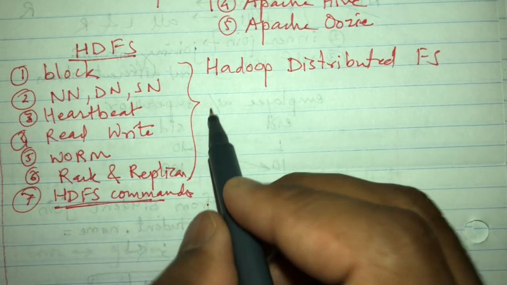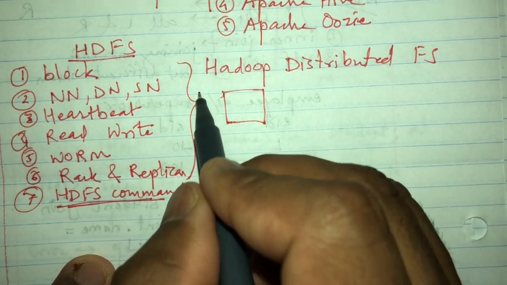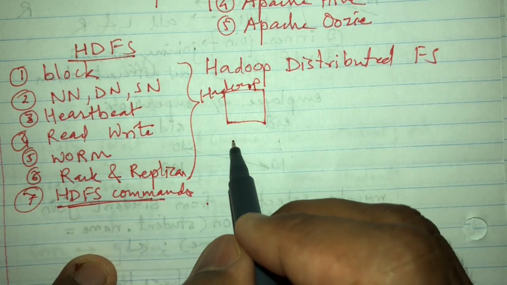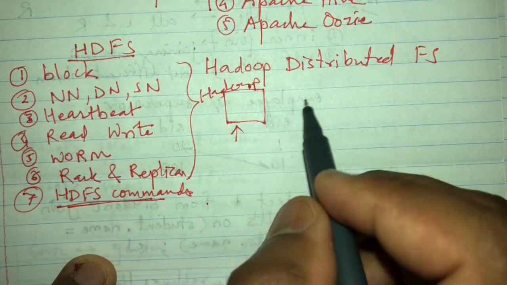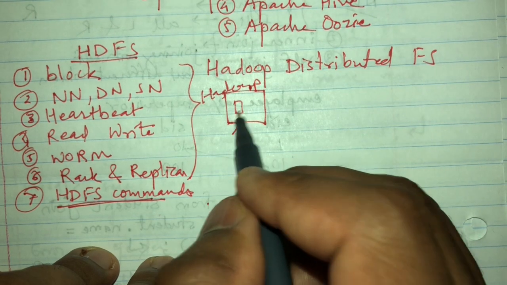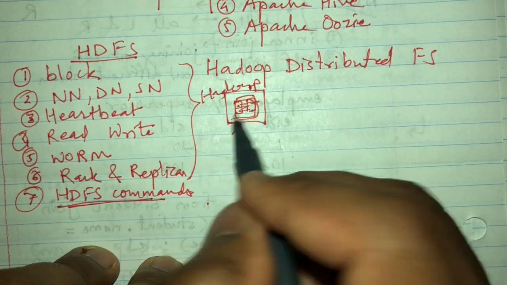What I mean by that, let's say this is my laptop screen and I have Hadoop installed on it. So I can interact with this machine in such a way that it will give me the feeling that it's a single machine, right? I can write anything, so it will be a single machine.